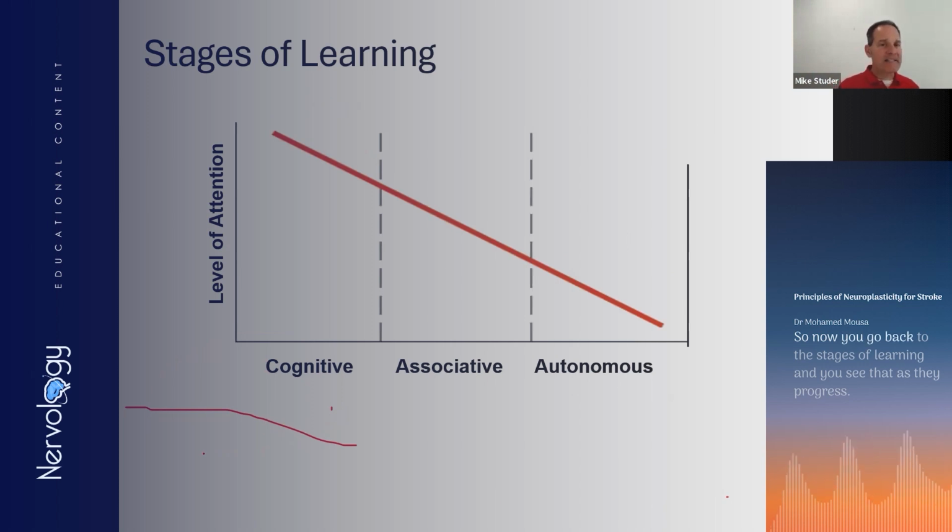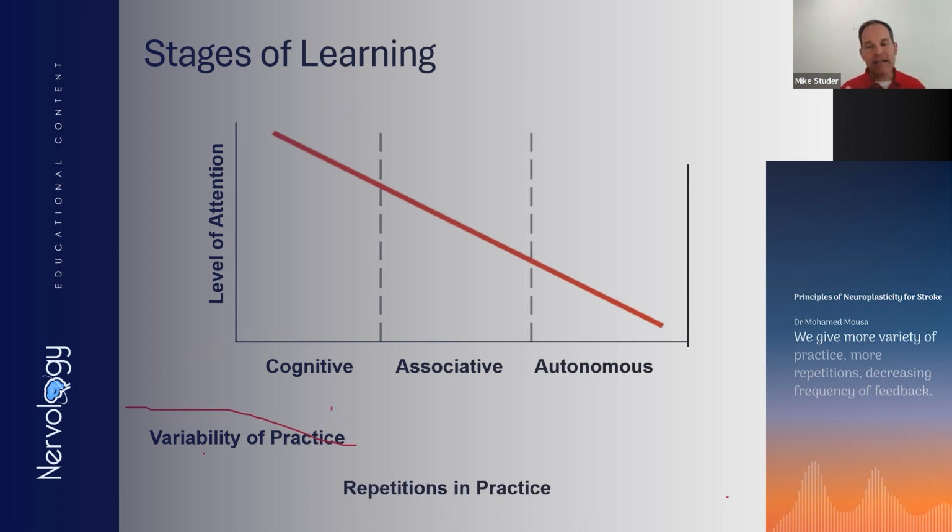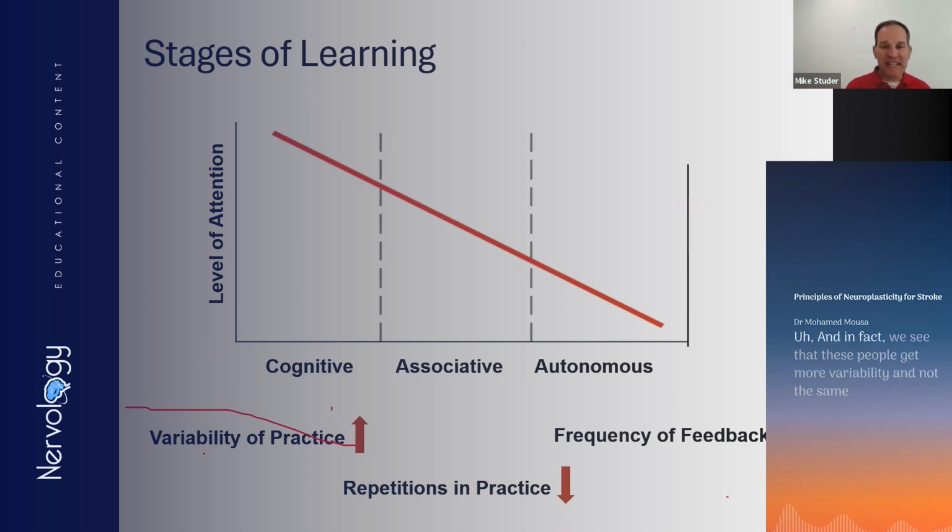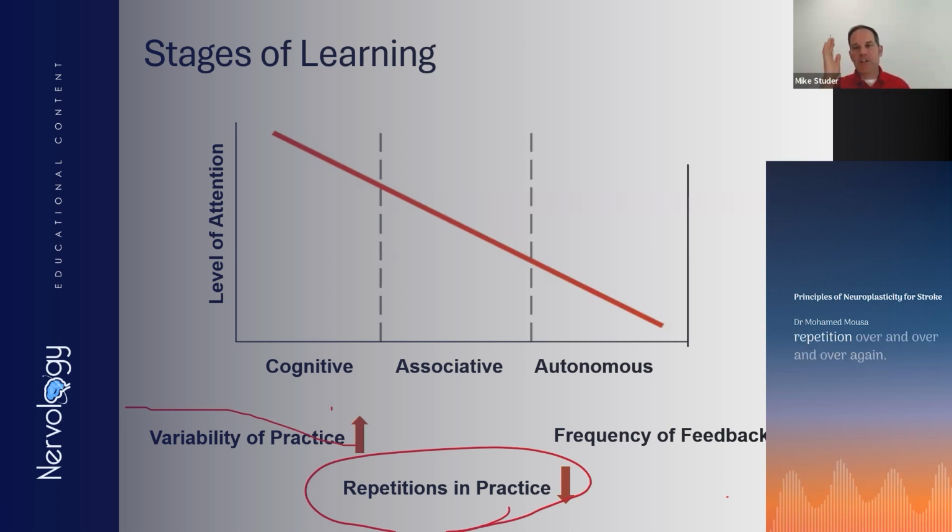So now you go back to the stages of learning and you see that as they progress, we give more variety of practice, more repetitions, decreasing frequency of feedback, and in fact, we see that these people get more variability and not the same repetition over and over again.